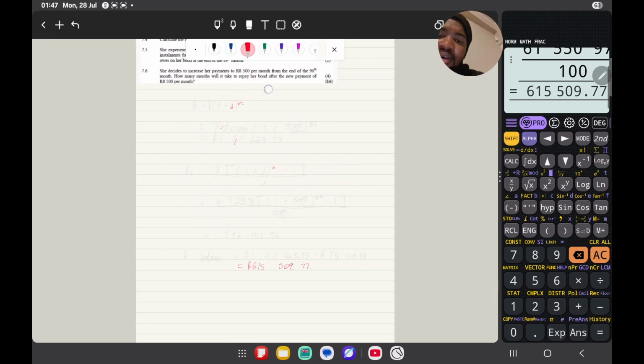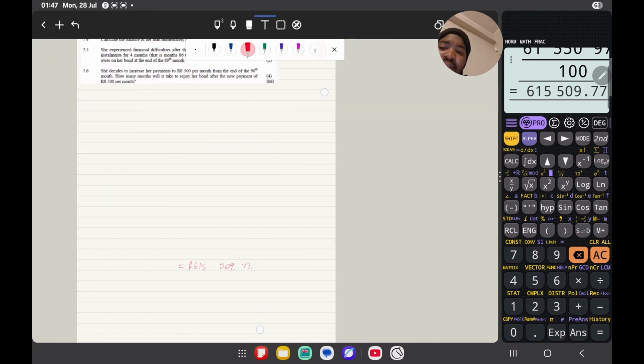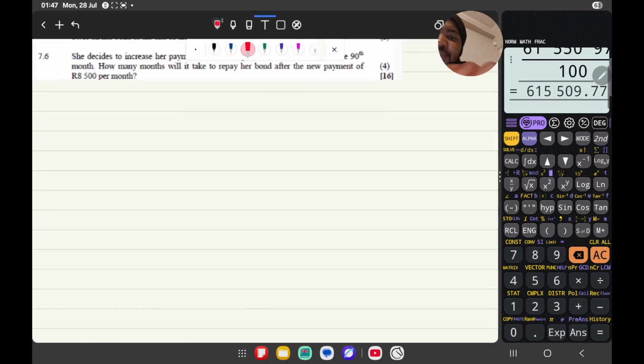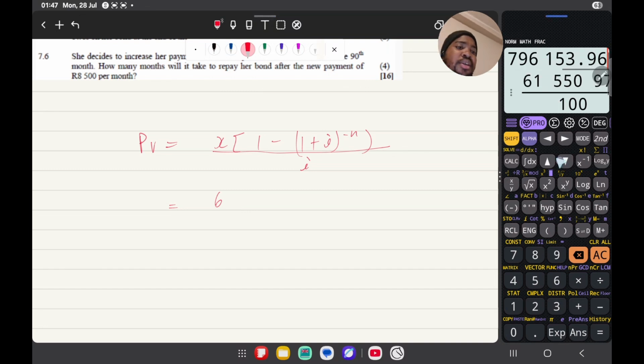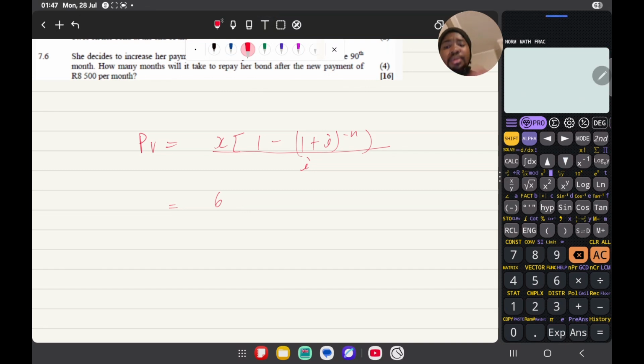And let's use our present value annuity formula. So for the present value annuity formula, we have PV equals X times 1 minus, yes it is, 1 plus i to the power of minus n, divided by i. And then now when we make a substitution, it's 6,729.